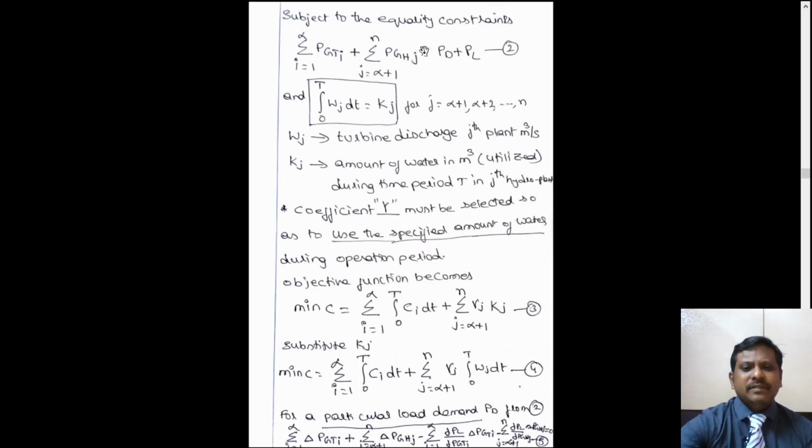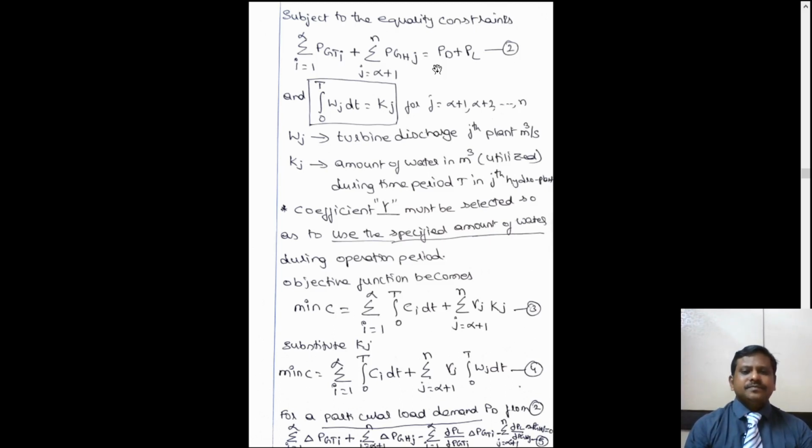Subject to the equality constraint, the total power generated will be equal to the load demand PD plus transmission line losses. The total power generation is from the thermal power plant and the hydro power plant, so the sum of PGTi for i equal to 1 to alpha, plus the sum of PGHj for j equal to alpha plus 1 to n.